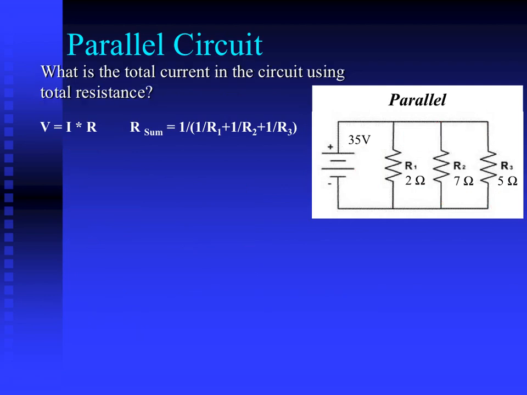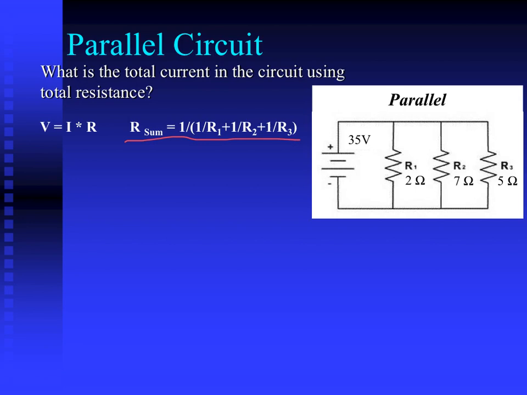Okay, now let's look at the parallel circuit again, and let's calculate the total current in the circuit using the total resistance this time, rather than getting the individual currents in each of the 3 circuits and adding them together. So to do that, we're going to have to use the formula to calculate the total resistance, which is shown here, which is, remember, 1 over the sum of the reciprocal of each of the loads in the parallel circuit.